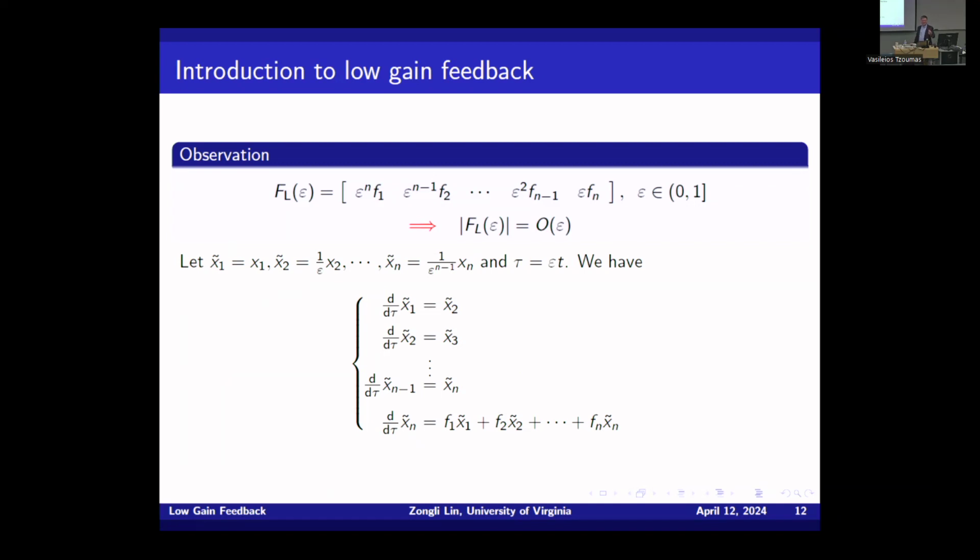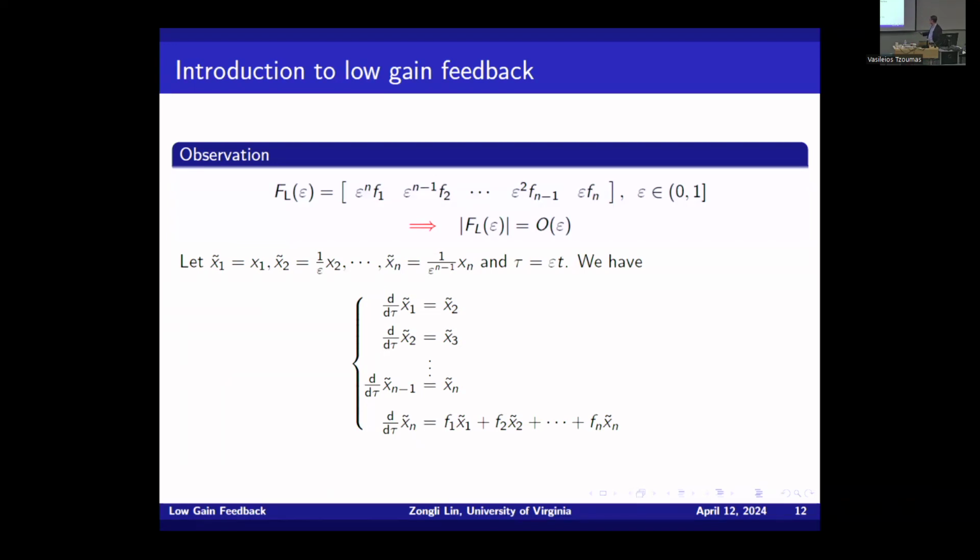Remember, in high gain feedback, the gain was on the order of 1 over epsilon to the power n, right? And here the gain is on the order of epsilon. Now, in order to see the closed loop system, I also carry out a state transformation. The first state remains unchanged, but the second state, instead of being scaled down, is scaled up. Instead of epsilon times x2, now I have 1 over epsilon times x2, right? I do it this way, and then the closed loop system can be written like this.